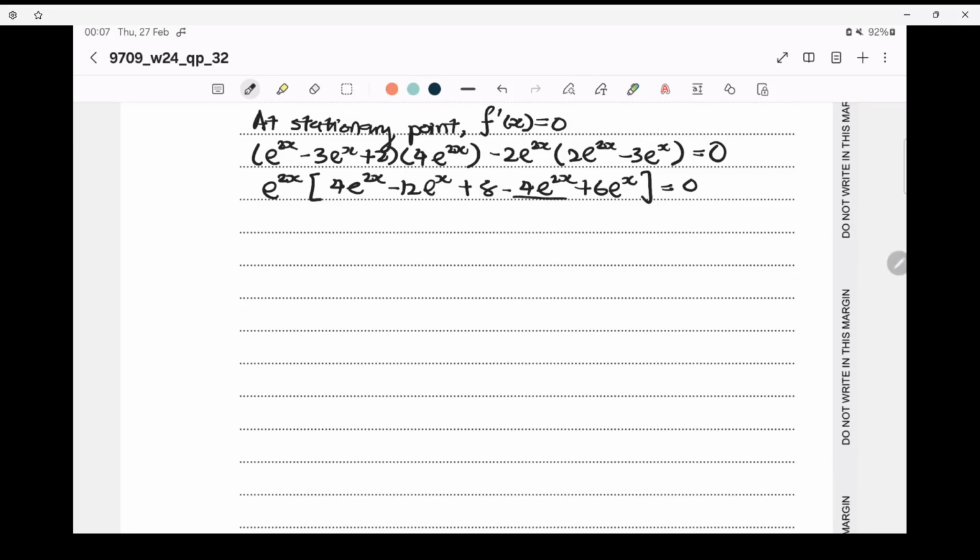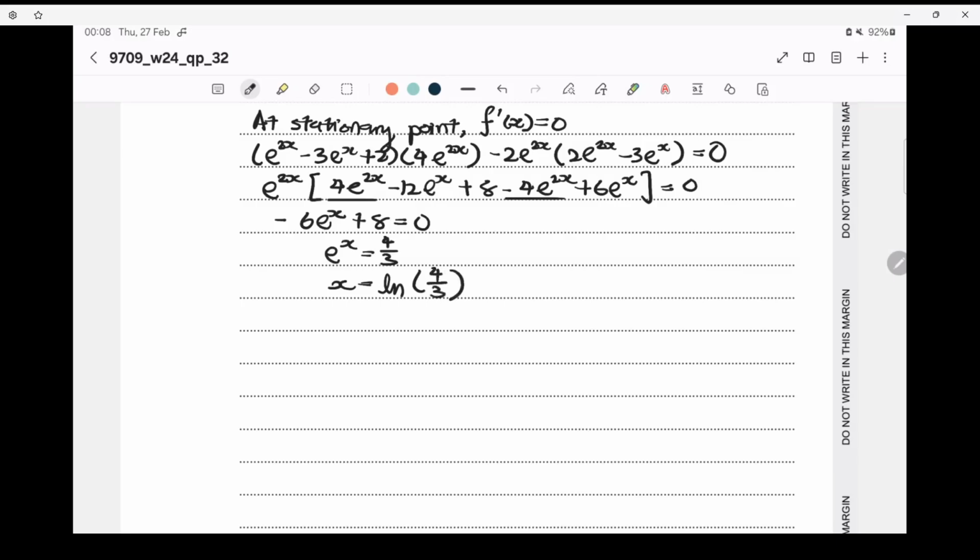So 4e^x minus 4e^x get cancelled off, and then you have minus 6e^x plus 8 equals 0. So e to the power of x would be 4 over 3, or x is ln 4 over 3.